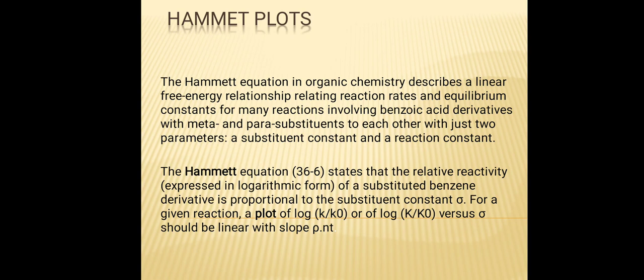The Hammett equation states that the relative reactivity of substituted benzene derivatives is proportional to the substituent constant sigma. For a given reaction, a plot of log of k upon k0 versus sigma should be linear with the slope rho.